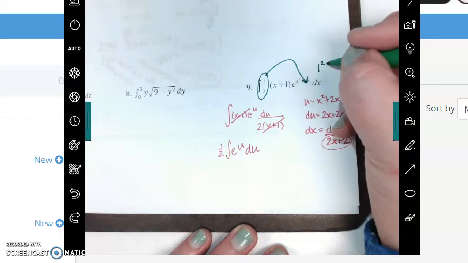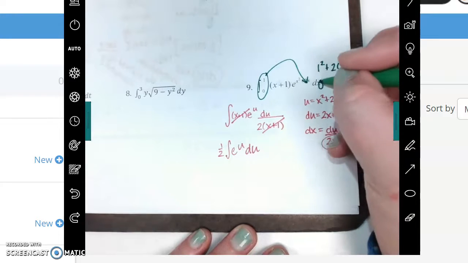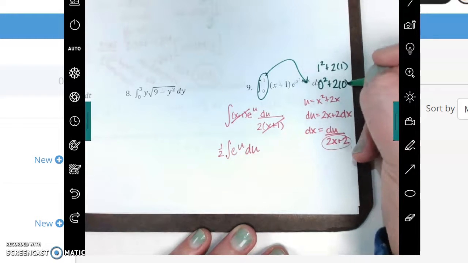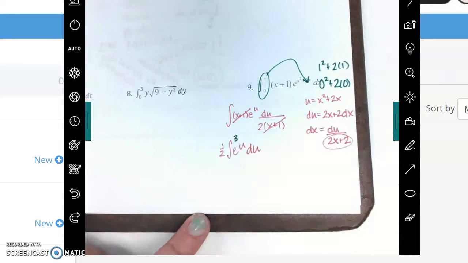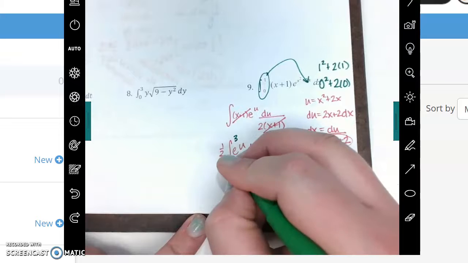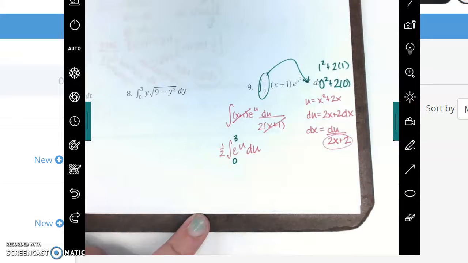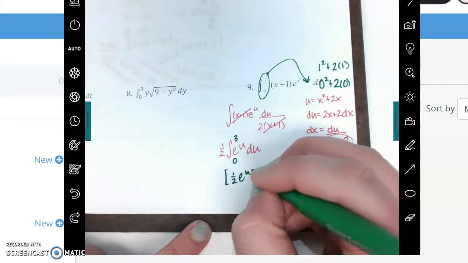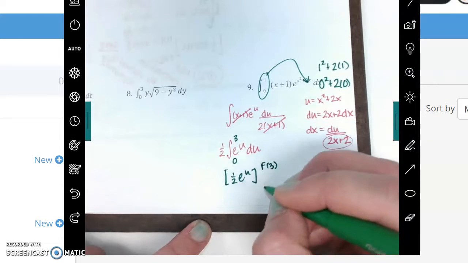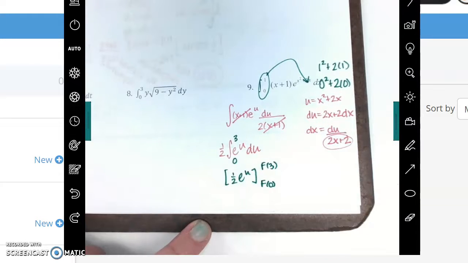So I have 1 squared plus 2 times 1, and 0 squared plus 2 times 0. What is my top endpoint? 1 plus 2 is 3. What's my bottom endpoint? 0. What's the antiderivative of e to the u? Keep the 1/2 on the inside. Then we're plugging in a 3 and a 0.